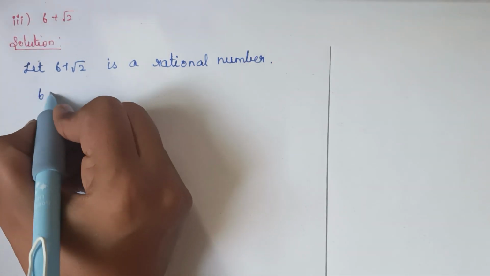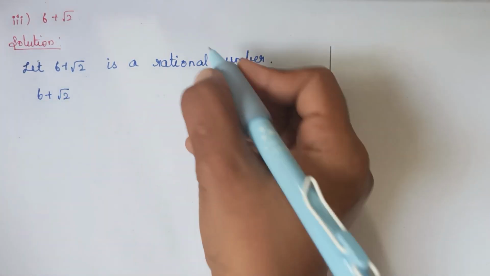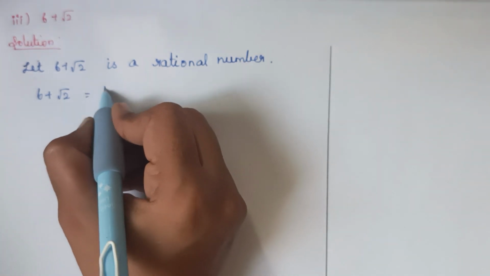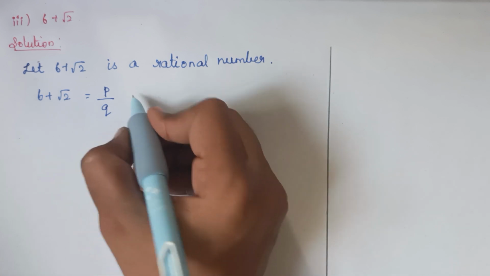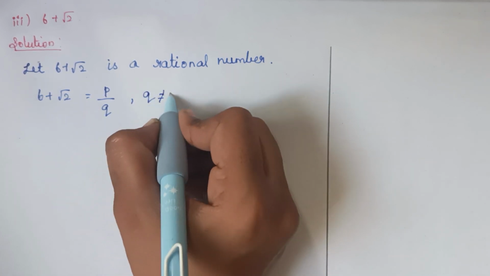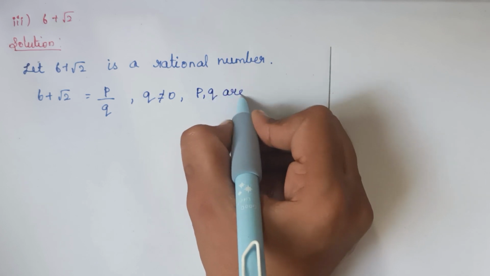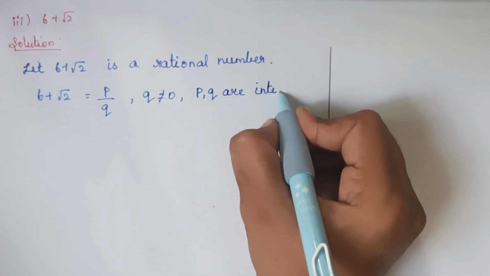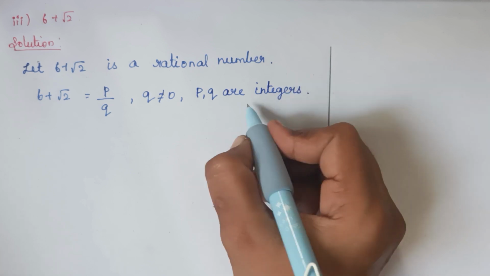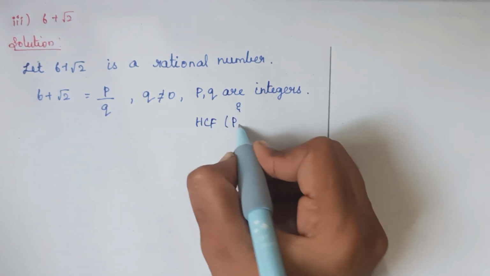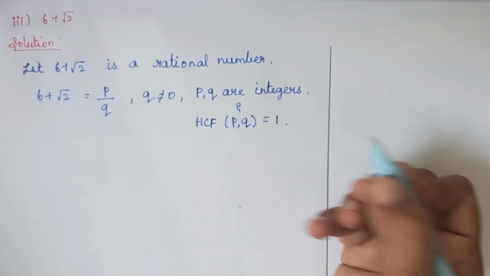So already we know the rational number rules: 6 plus root 2 is equal to P by Q, where Q is not equal to 0, P and Q are integers, and the HCF of P and Q is equal to 1.